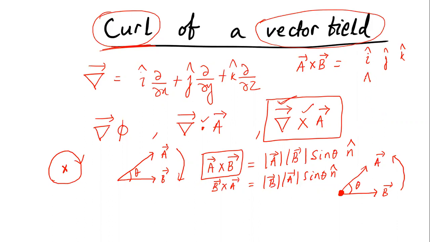Then you have the components ax, ay, and az. These are the x, y, and z components of the vector A. Similarly, bx, by, and bz, right? These are the components of vector B in all three axes, right? So this is what we said A cross B.